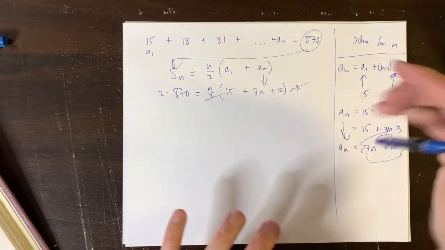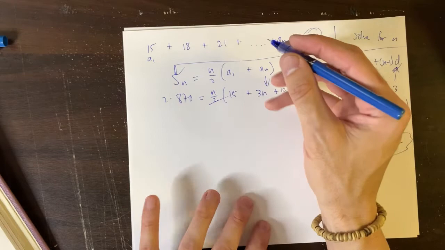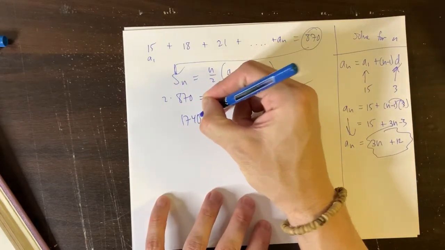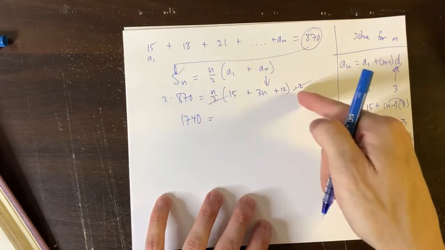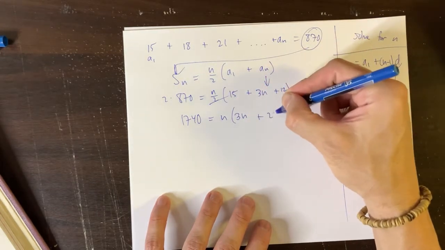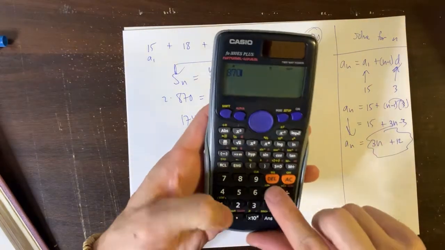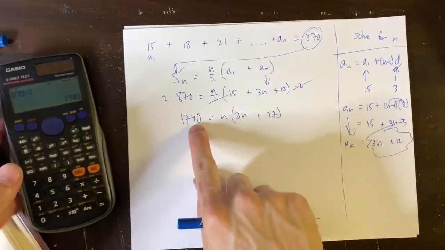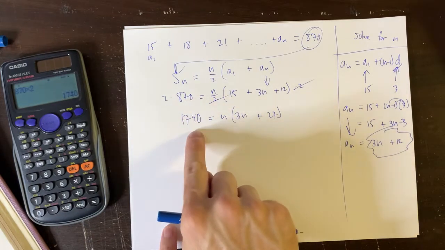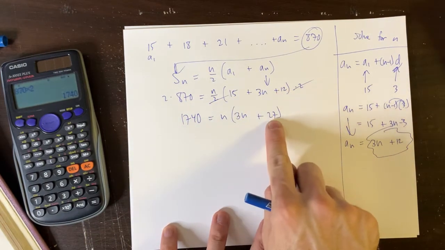And 2 times 870 is 1600 plus 140. Is that 1740 equals? So the 2 knocks this out. This is just n. And then this is 3n plus 27. And here I am making sure that 2 times that is good, 1740. That's good. So that's that. This 2 knocks this out. 3n is there. 15 plus 12 is 27.